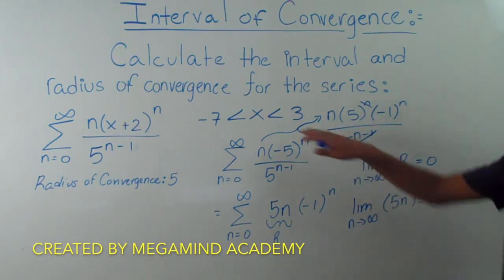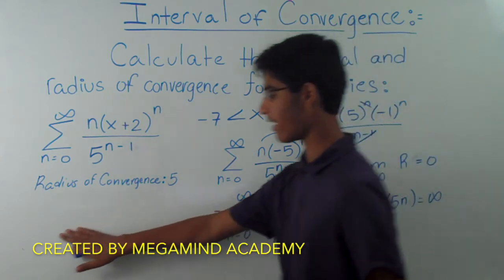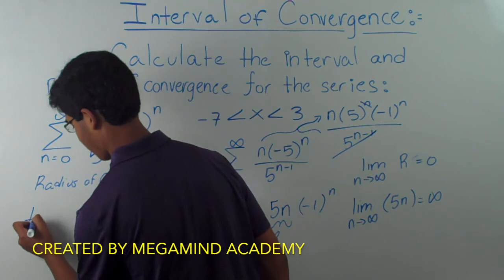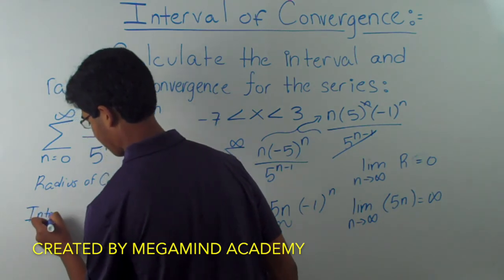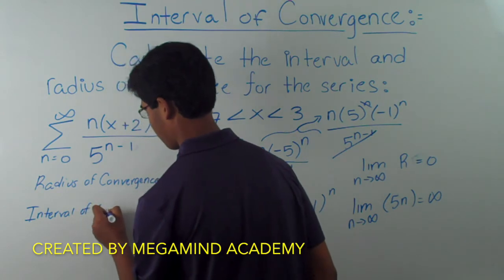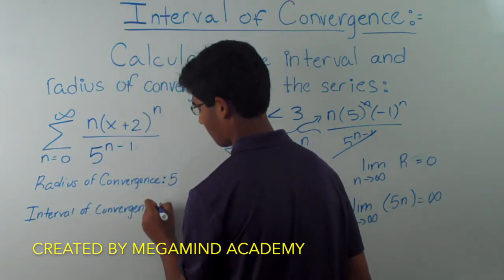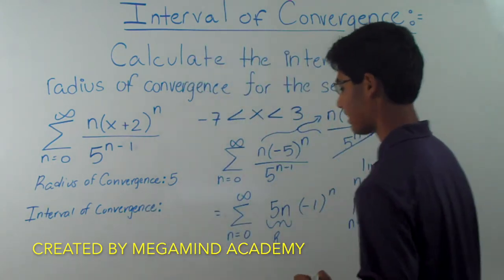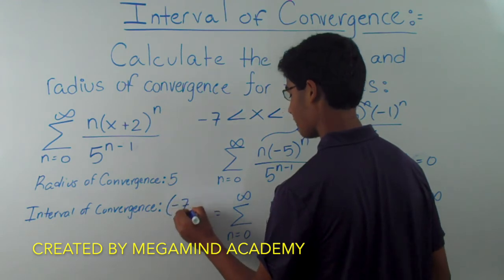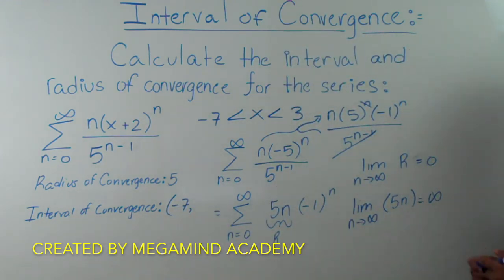So, what about 3? Let's first write that first bound of the interval. The interval of convergence, on the left side we have a parenthesis, then a negative 7, comma, and it's a parenthesis because negative 7 is not included.